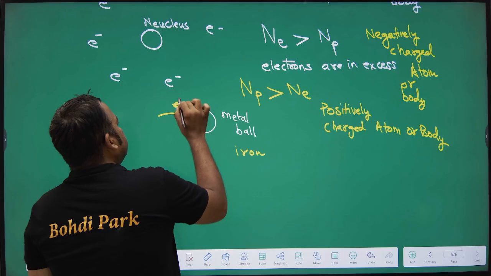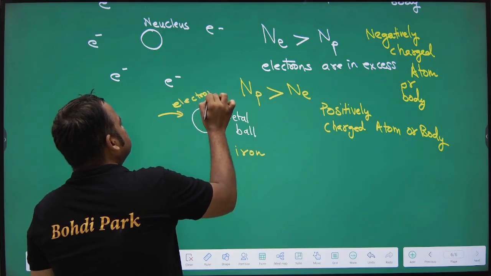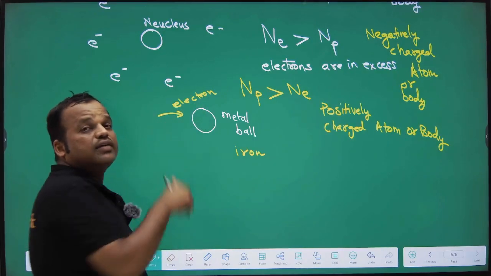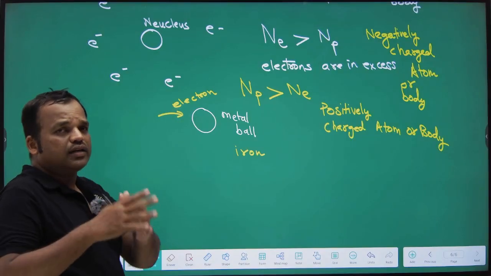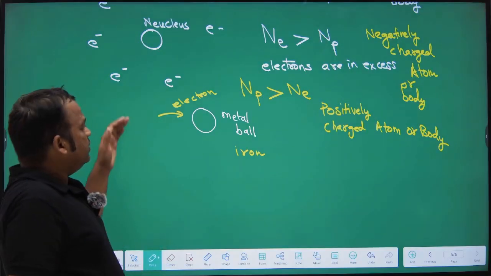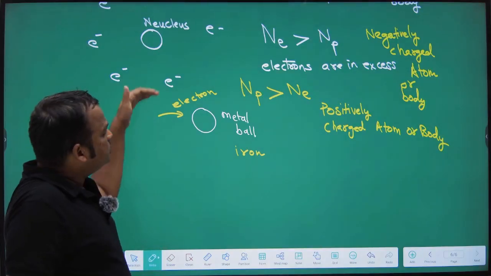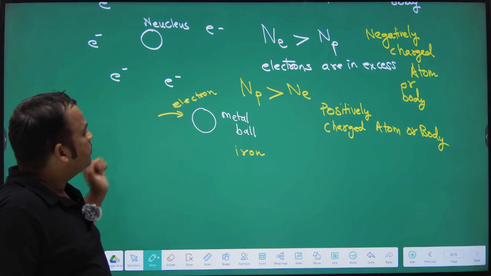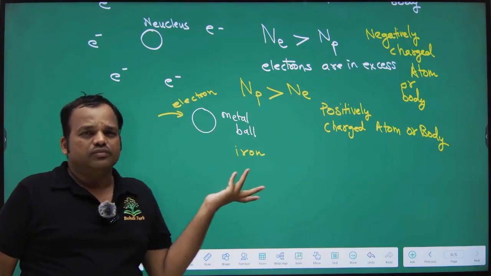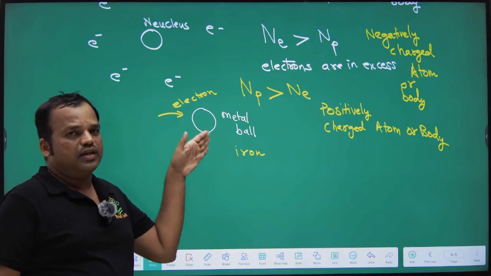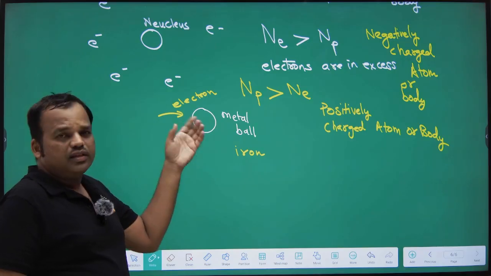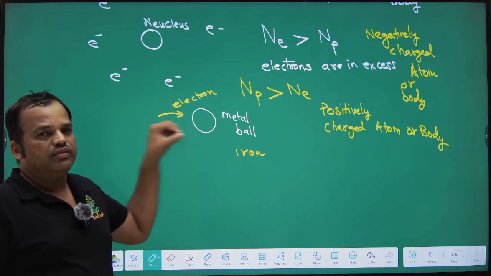I am adding electrons to it. So many electrons I have added. How I am adding, we will study separately. Somehow we are adding electrons to this metal ball. Where will those electrons go? They cannot move inside the metal. They will be somewhere.